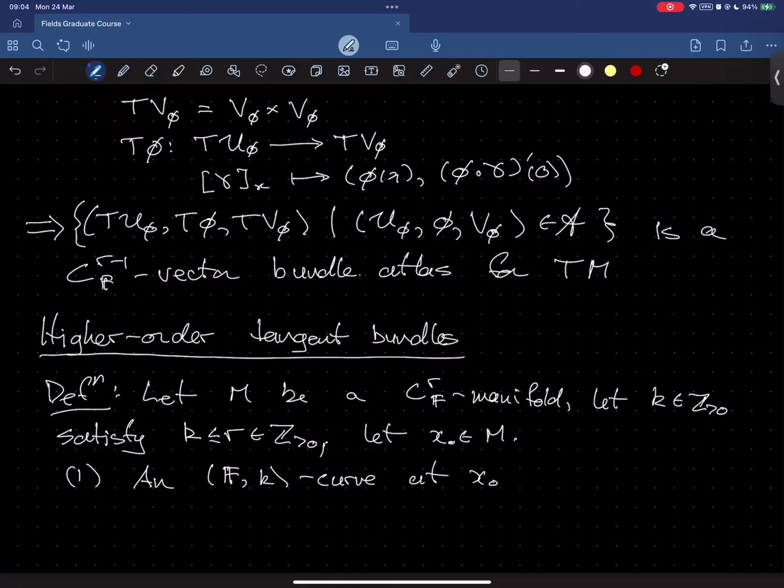Previously we talked about curves at x naught. So now we have C^k curves. The idea of a curve at x naught was that it was a C1 curve that passed through the point x naught at zero. Now it's simply going to be a C^k curve that passes through x naught at zero.